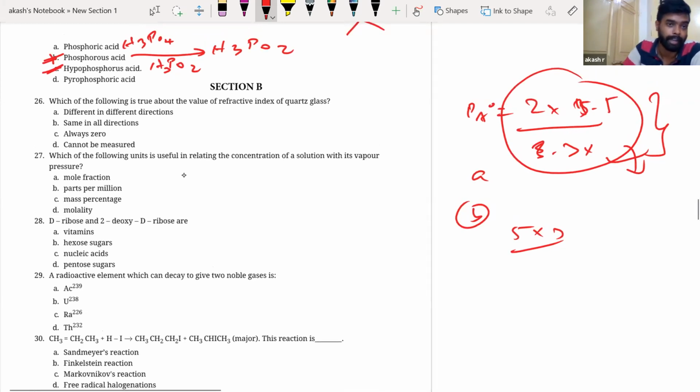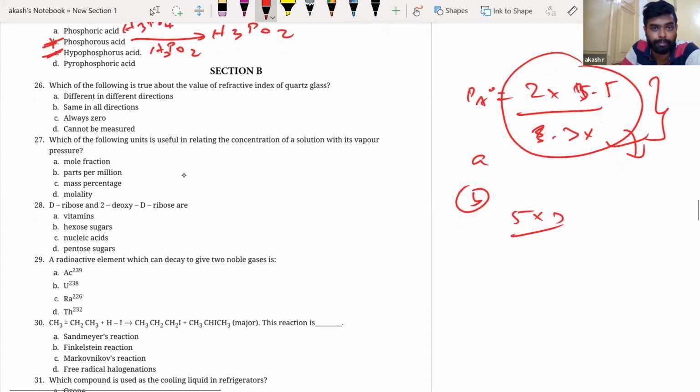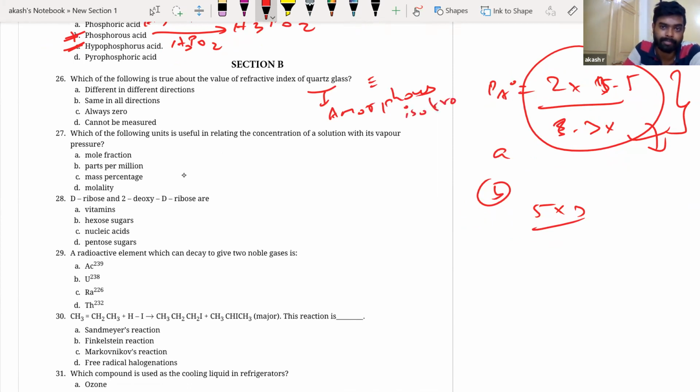Right, fine. Which of the following is true regarding the refractive index of quartz glass? Quartz is an amorphous compound. What is the answer then? If it is an amorphous compound, I know it is isotropic.